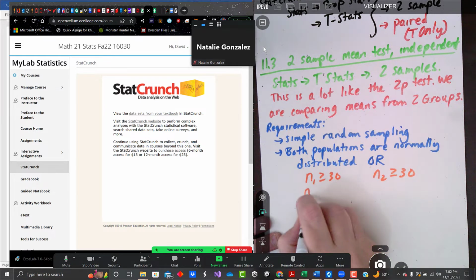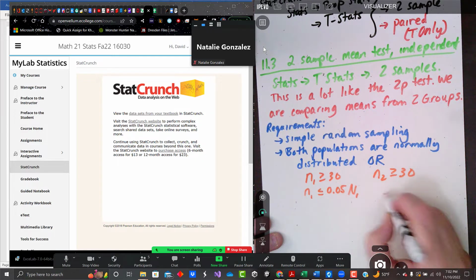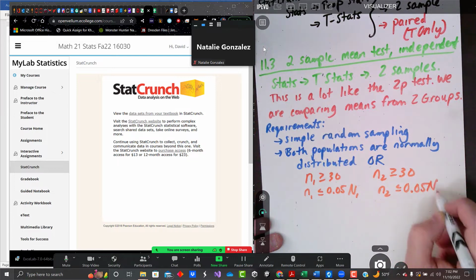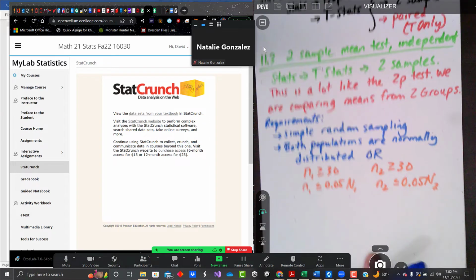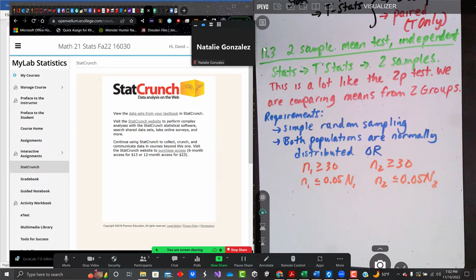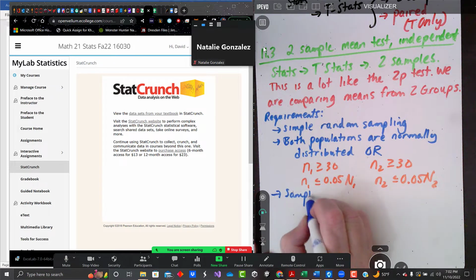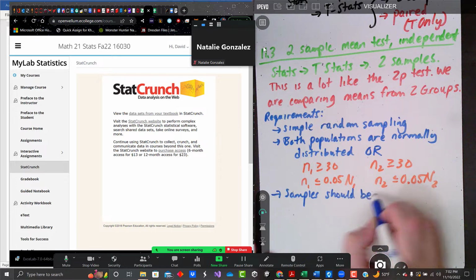And we want them to be less than 5% of the population, just like we had with the one mean test. And these samples should be independent. We almost always want independent group samples.